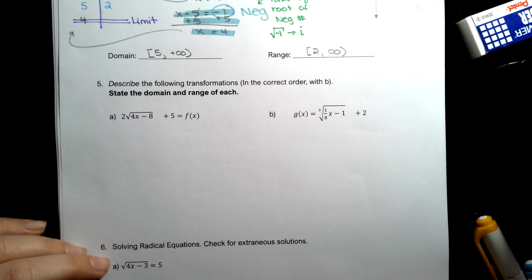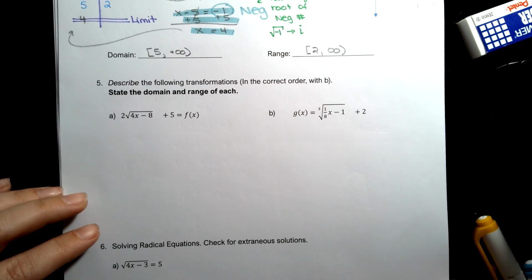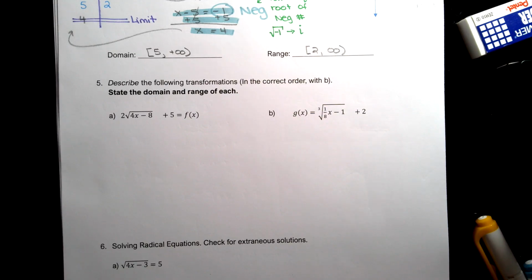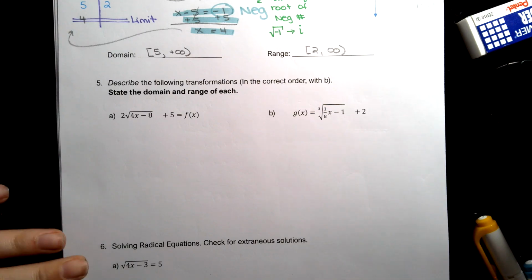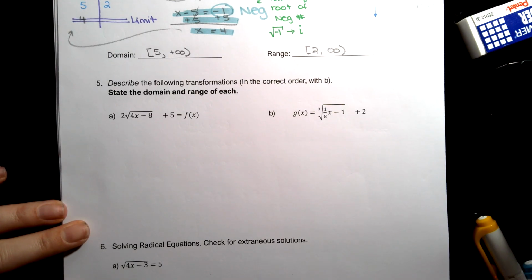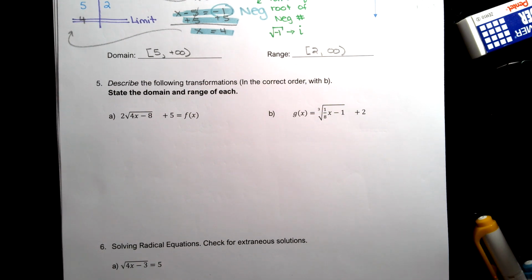Okay, let's go ahead. Question number 5. Describe the following transformations in the correct order with your B value. Order does matter. The easiest way to go around this is to use the arrow system. So step number 1, you are going to factor out your B value.